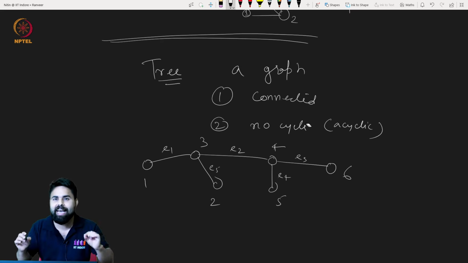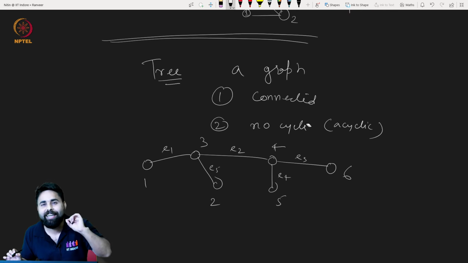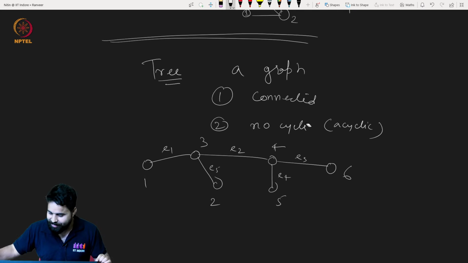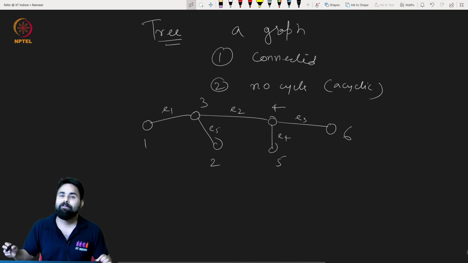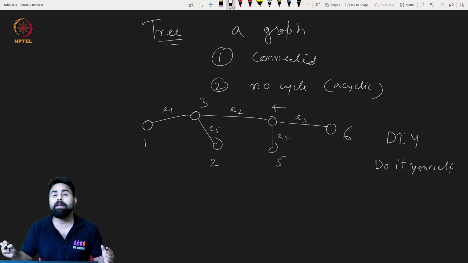So there are some DIYs with respect to trees. DIY is an exercise which is known as do it yourself. This term I took from one of my friends, Professor Nisad Kothari. So DIY is a do it yourself exercise, and in this course we will see many DIYs.